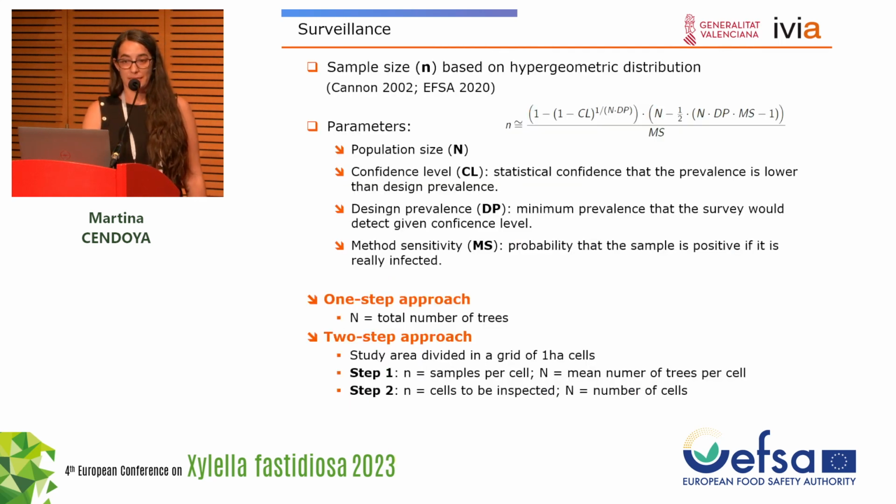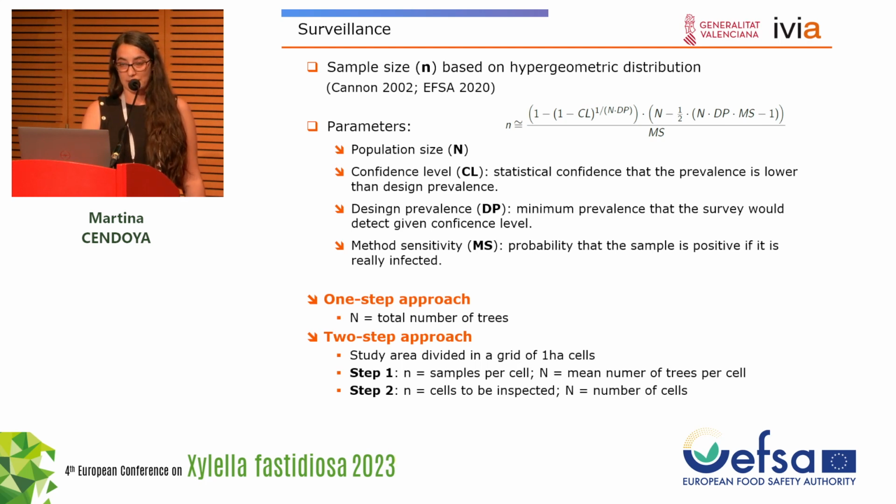To calculate the sample size, we based it on the hypergeometric distribution, which depends on the population size and 3 intercorrelated parameters: the confidence level, design prevalence, and the method sensitivity. We have also applied 2 approaches for the surveillance, which are detailed in the EFSA guidelines.